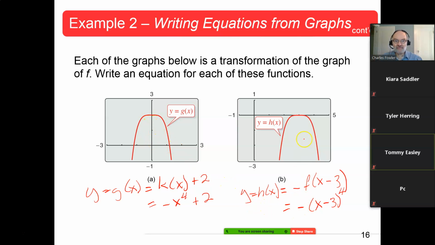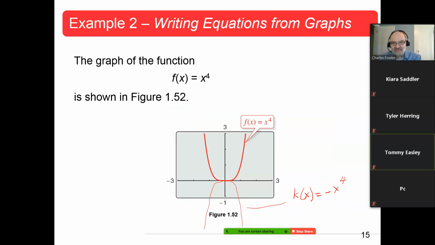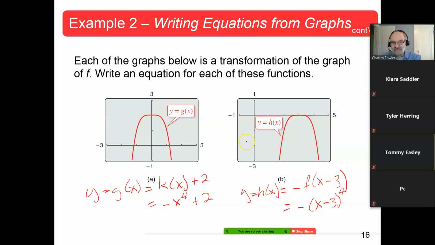This one, after the reflection, that's the minus sign, you move to the right 3, which means you subtract 3 from the x to get you over 3 to the right, but it's still the same shape. Okay? And these, by the way, are called rigid transformations because the shape of the function is exactly the same shape as this one. It's flipped over, and then moved some. Okay? Does that make sense?